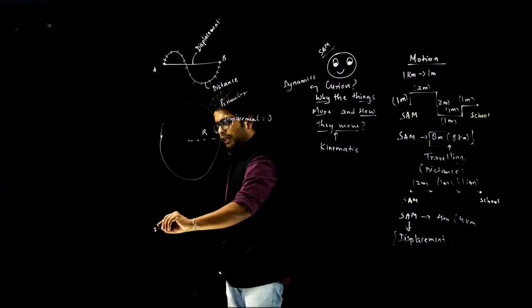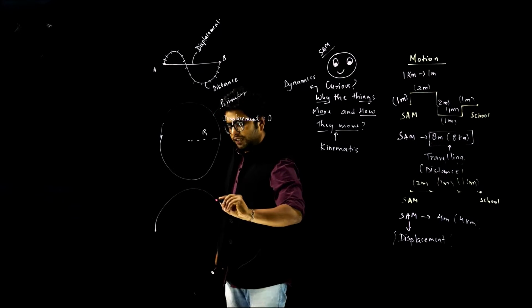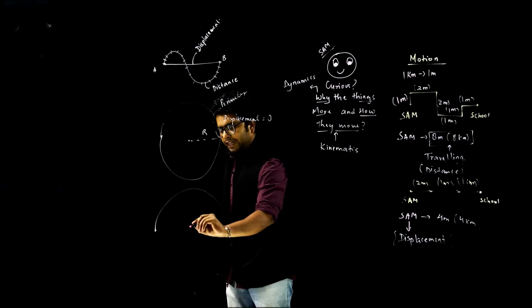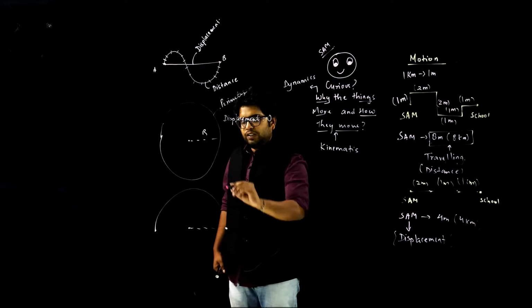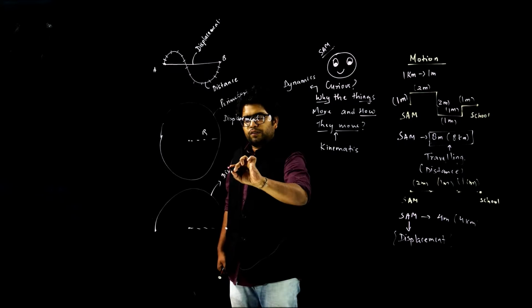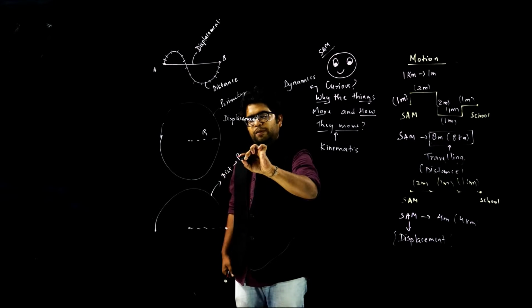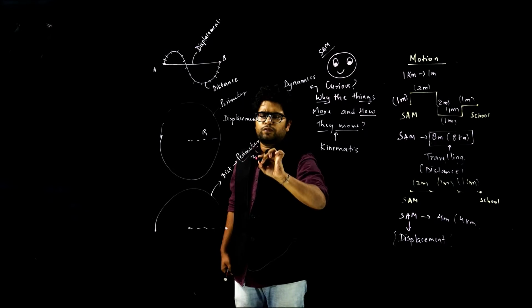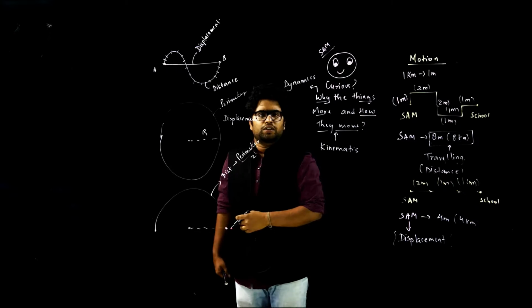Let's take another example. Let's say now this particle moves in a half circle and reaches this point. If I ask you the same question again, you will say the distance will be perimeter divided by 2, because it is now covering half of the circle.